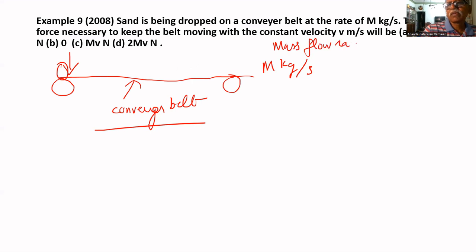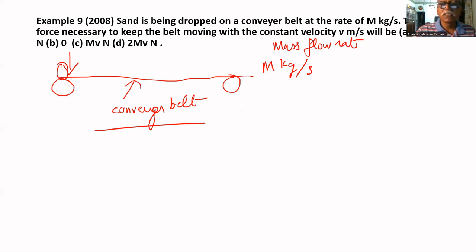The force necessary to keep the belt moving with constant velocity v will be what? We have to find the force required.